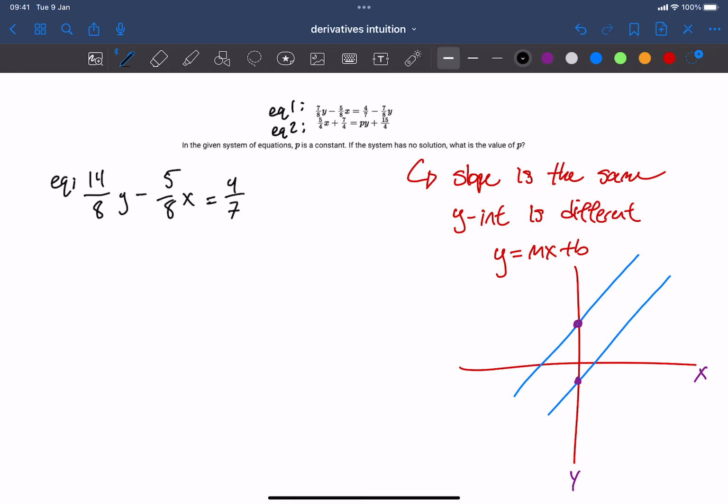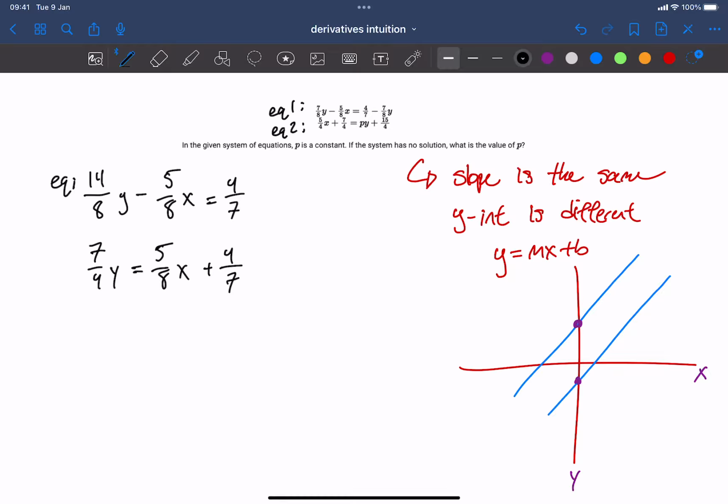We can simplify, and then make the equation into the form y equals mx plus b. If we move this to the other side by adding 5 over 8x, and simplify to 7 over 4, we get 7 over 4y equals 5 over 8x plus 4 over 7.